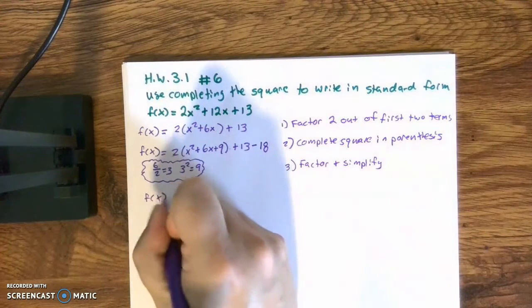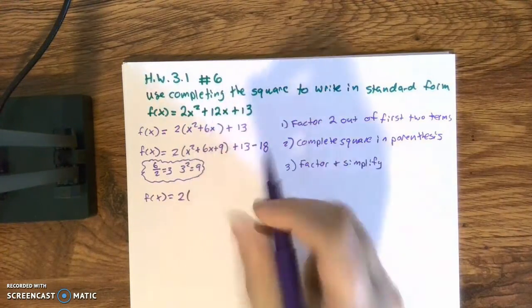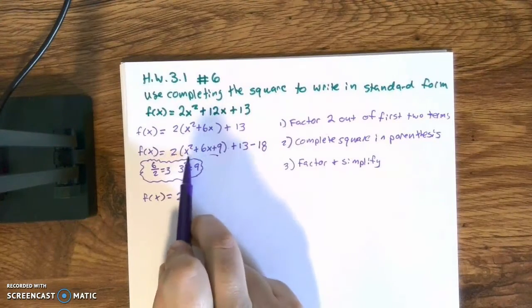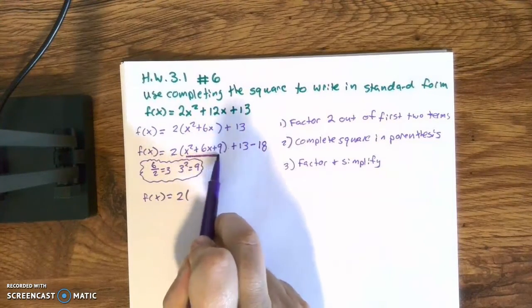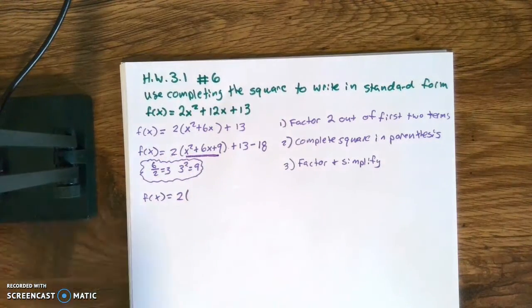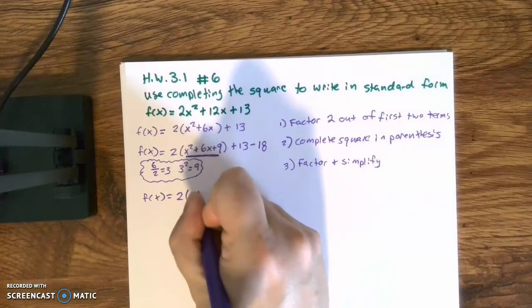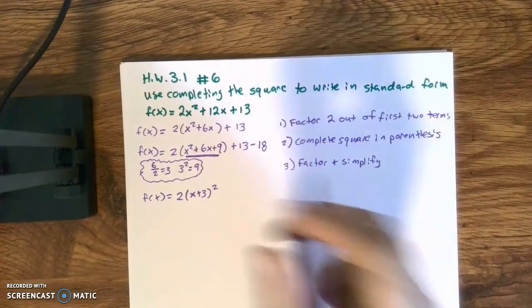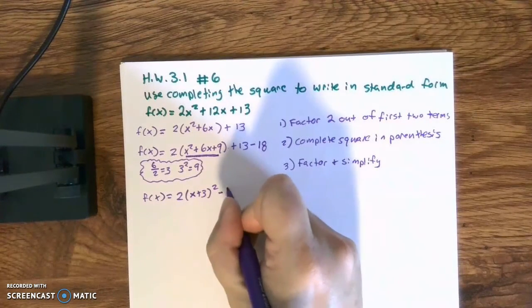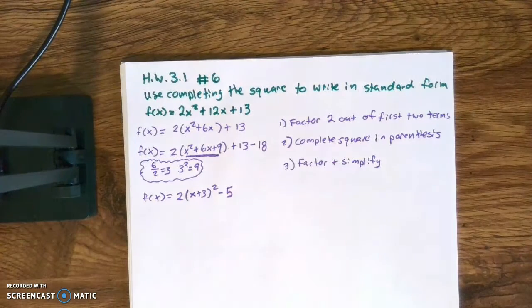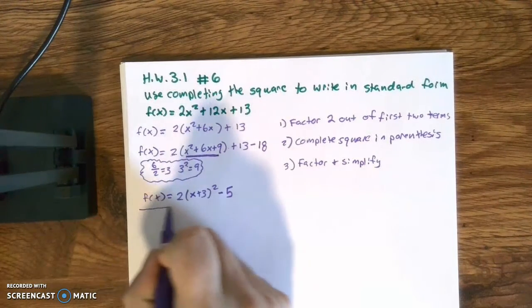So f of x is going to be equal to 2 times this quadratic, which I can factor, and it's just x plus 3 squared. And then this is minus 5. So now this is in that vertex form.